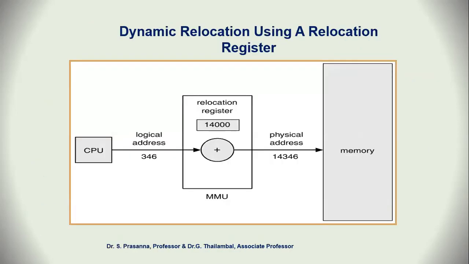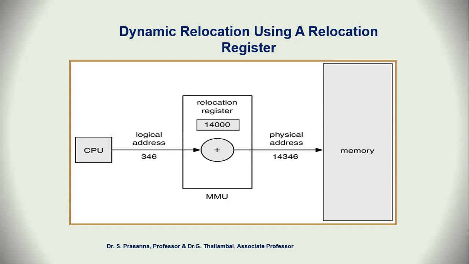If you see this diagram, the CPU is storing data at the logical address 346. This 346 is known by the user. When it is sent to the memory management unit, the part of the memory which is already occupied by system files is 14,000. So this 346 can be stored only after 14,000.